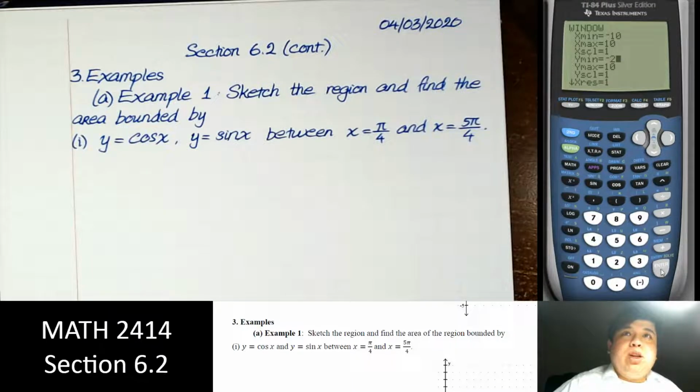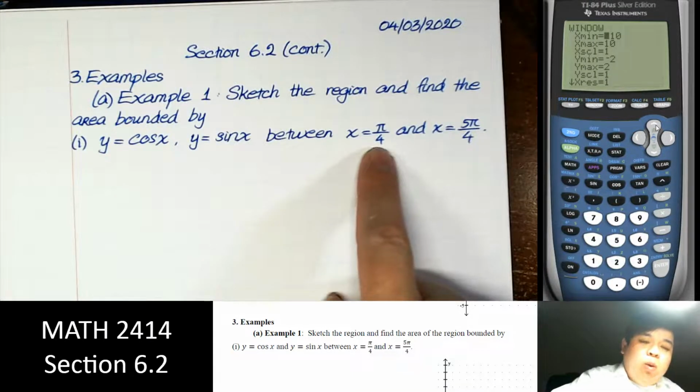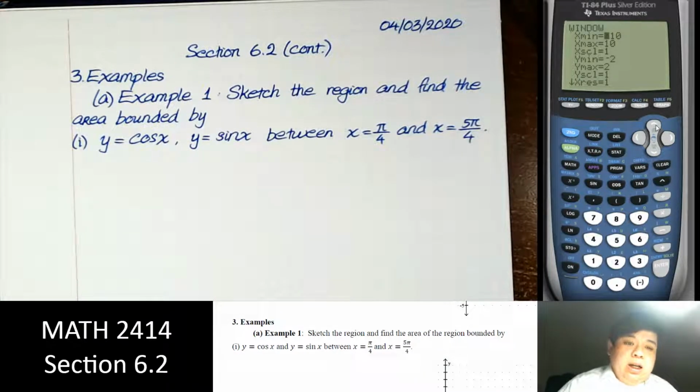Let's go from -2 to 2, because we know sine cosine between -1 and 1. The x-axis go pi over 4 to 5 pi over 4. So let's go from -pi and then go to 2 pi and see the graph. It will be better.